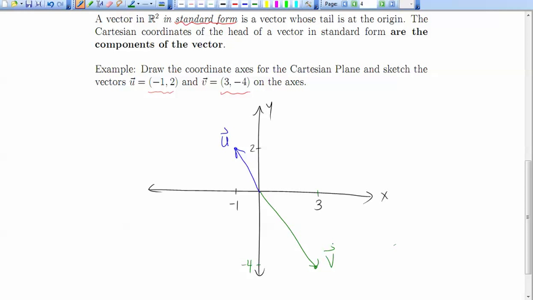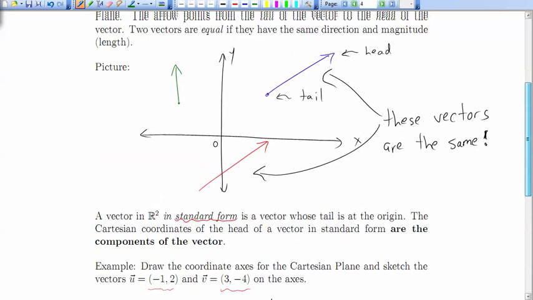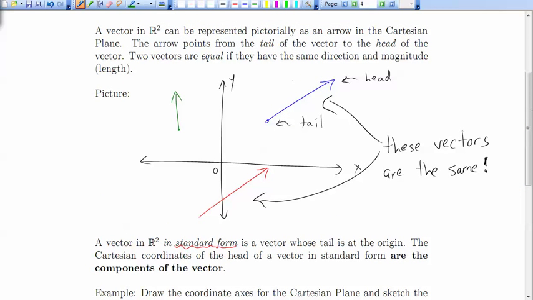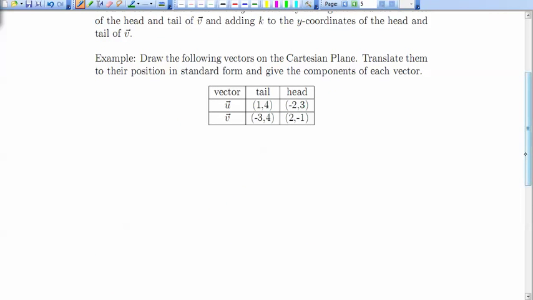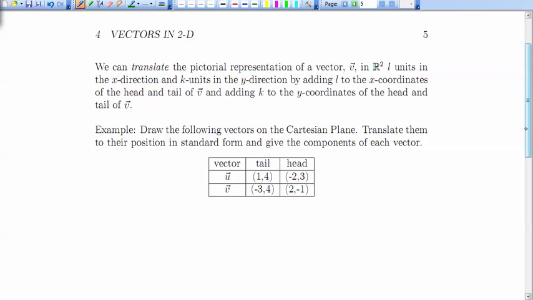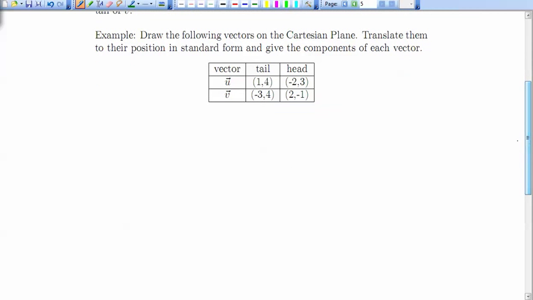Let's understand now, what if my vector isn't in standard position, like some of these vectors up here? How do I move them to put their tails at the origin so that I can figure out the components of those vectors? Well, let's just imagine that we've got vectors u and v, with the tails and heads given here.